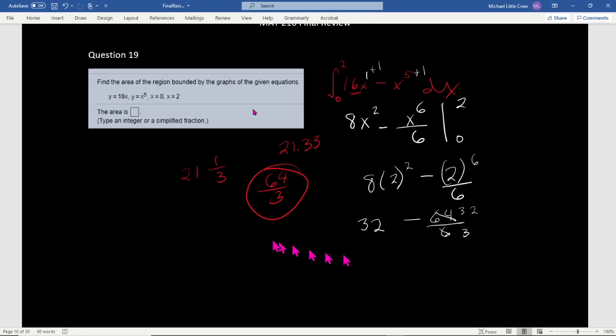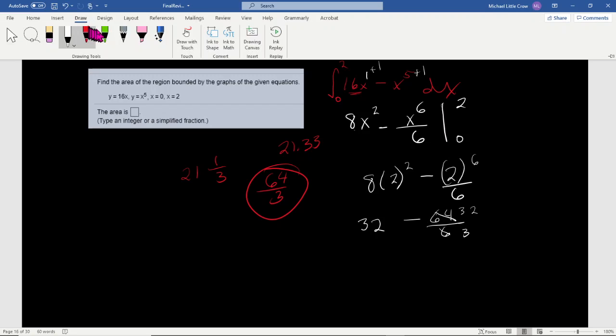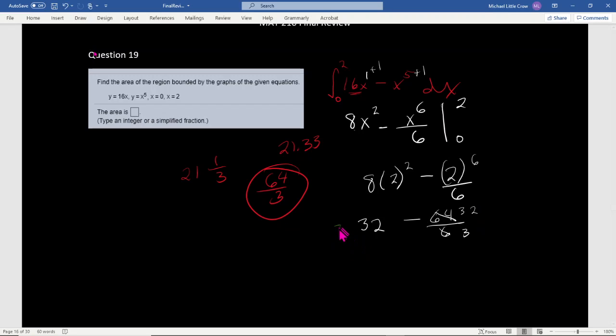We need to get a common denominator, so we'll multiply the top and the bottom by 3. So we get 96 minus 32 thirds. And look at this: 6 minus 2 is 4, 9 minus 3 is 6. 64 thirds. It's amazing when things work out like that.